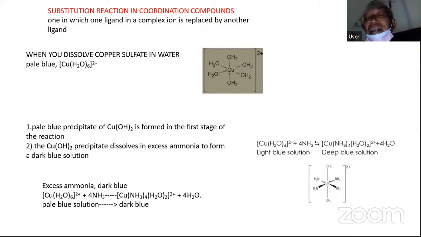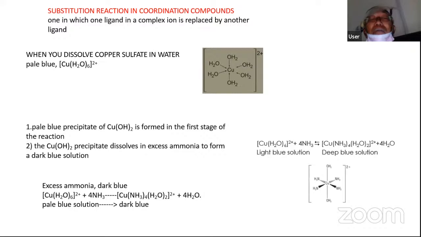So in this case, it is octahedral. Then you have to describe how the substitution takes place. Is it at the axial position? Is it at the equatorial position? Then you have studied the stereochemistry. So this is the beauty of substitution reactions in coordination compounds.